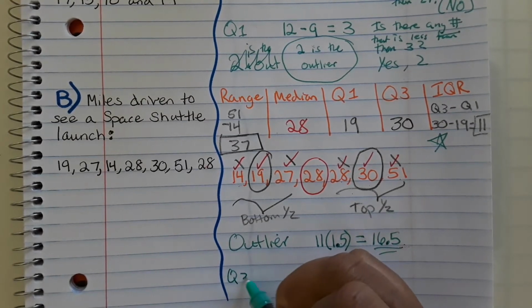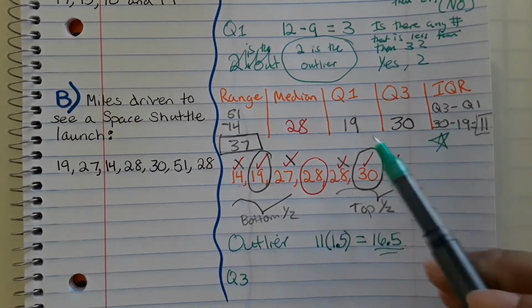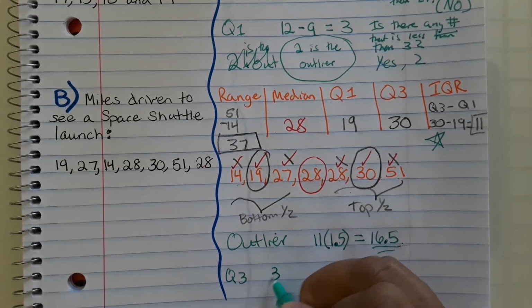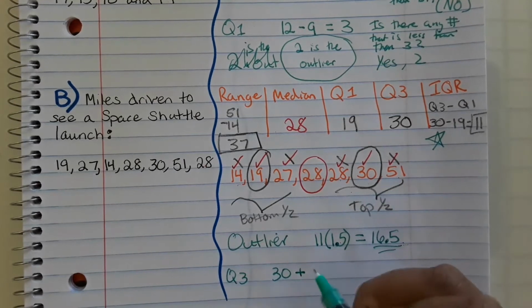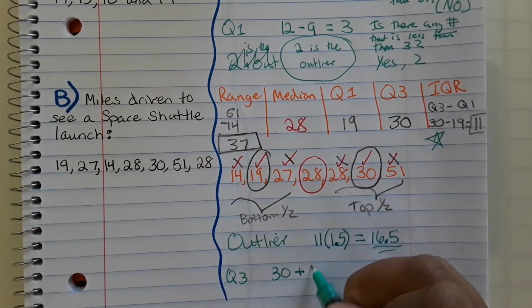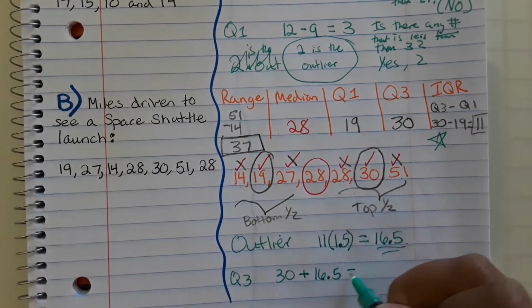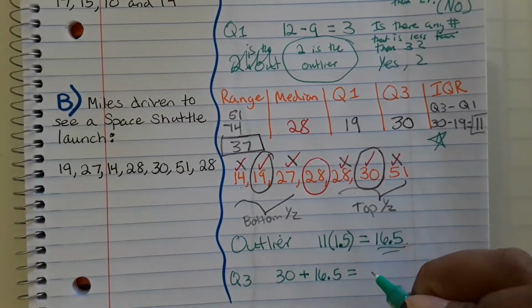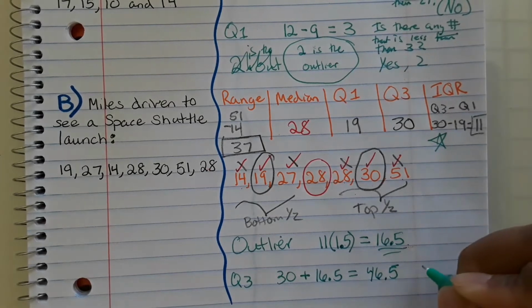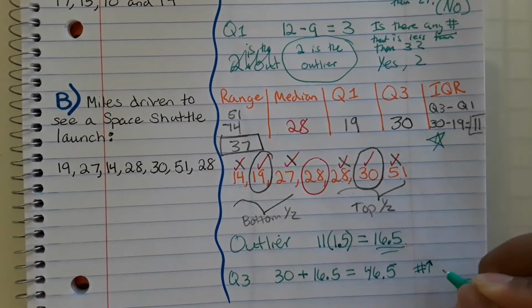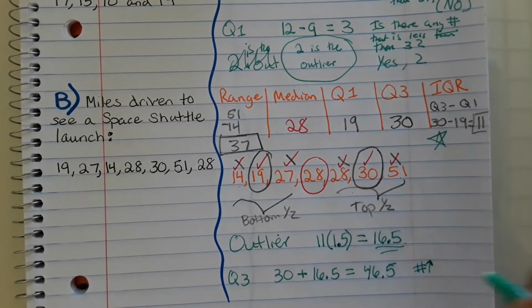So looking at quartile 3, that number was 30. So we're going to do 30 plus, because it's on the upper end, we're going to add to it. 30 plus 16 and 5/10 brings us to 46 and 5/10. So we're looking for a number that would be greater than 46 and 5/10.